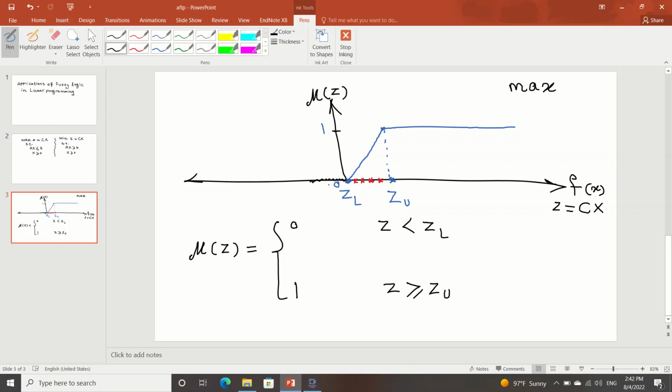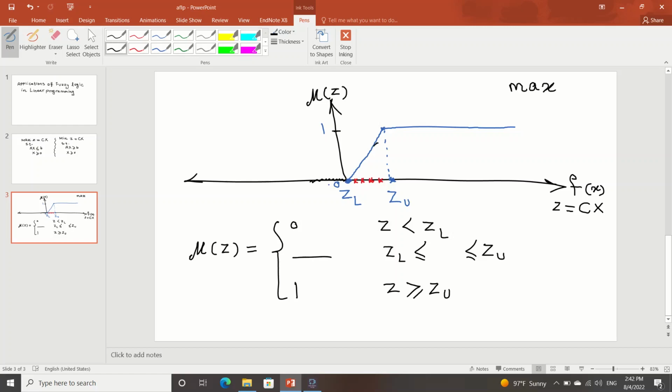And this part determines the crisp situation of the objective function value. And between 2 points, between Z lower and Z upper, you can write the equation of this line from ZL to ZU.